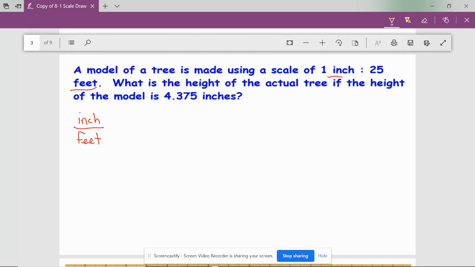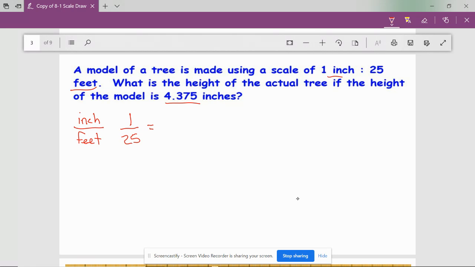The scale means 1 inch equals 25 feet. We want to find the height of the real tree. The model height is 4.375 inches, and since inches are on top, that's where I put that number.